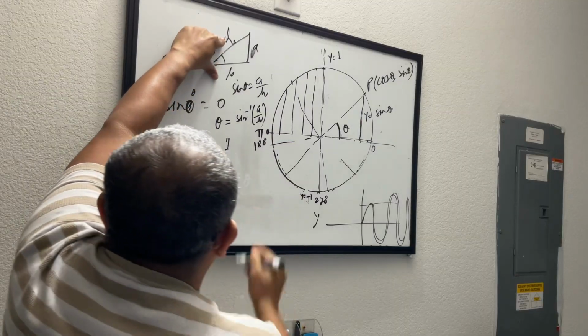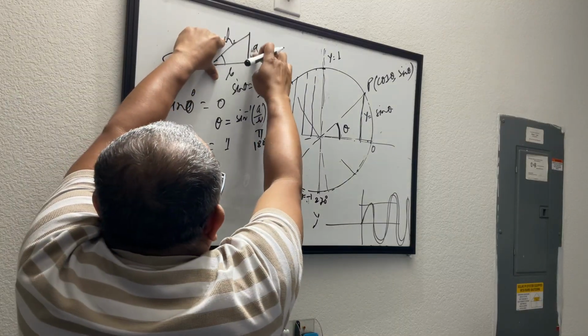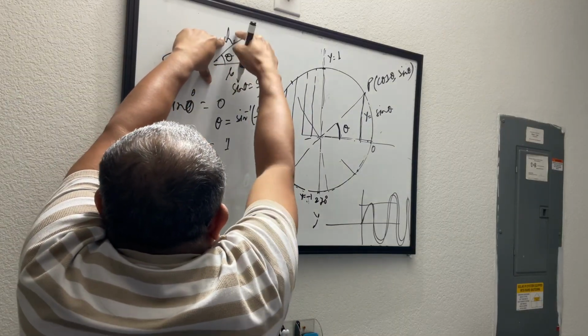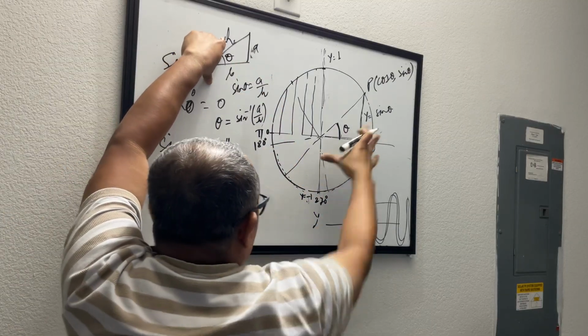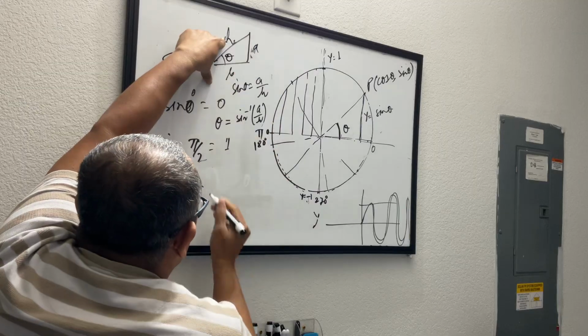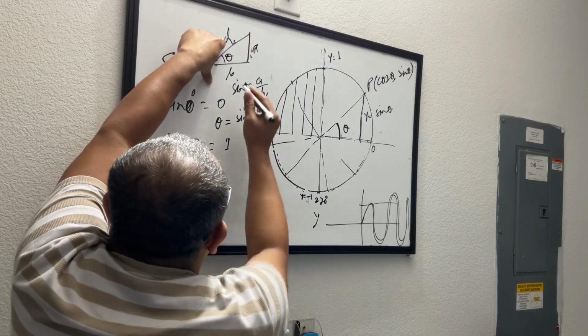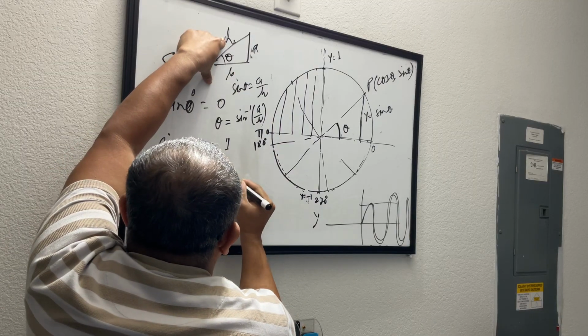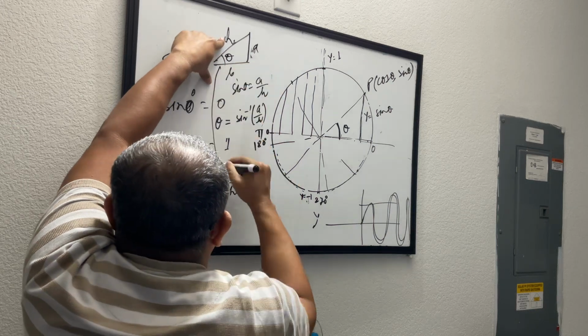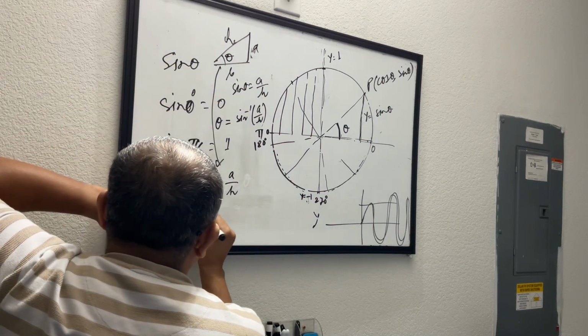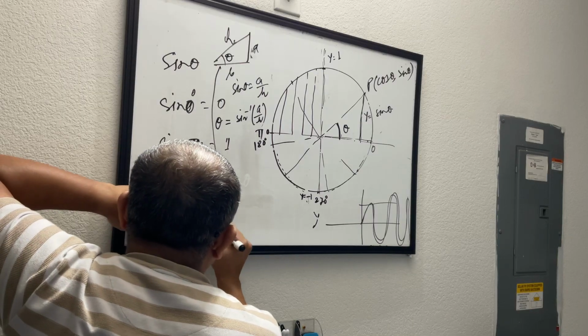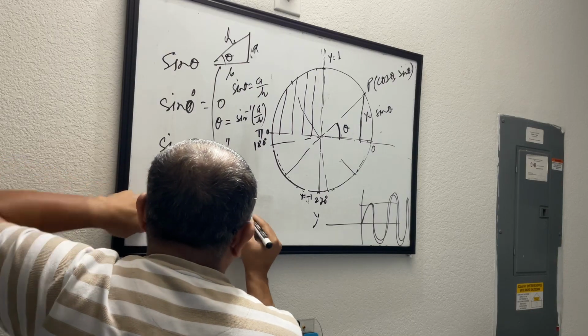This is my triangle, this is my side A, this is my angle theta, this is the hypotenuse. Before I confuse you with the unit circle, I'm just looking at the basic sine of theta equals A over h relating to this triangle, okay? And sine inverse of A over h will be equal to theta.